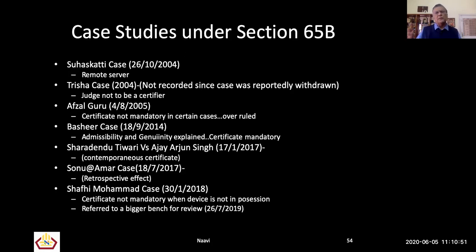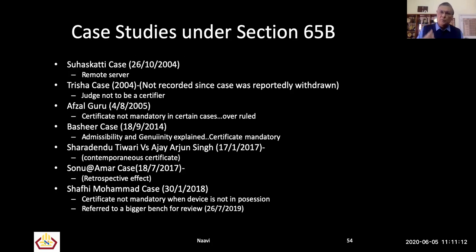Shafi Muhammad was a misjudgment, because this 2-member Supreme Court judgment said that Section 65B is required only in cases where the person presenting the evidence is in control of the device from which he is presenting the electronic document.